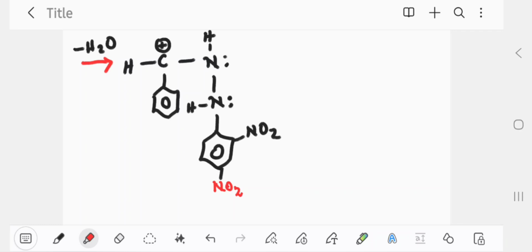For the reaction to proceed, let me make this clearer for easy understanding. We have nitrogen, right? So let's have the electrons here, then let's put hydrogen here so that I'll show you what's happening.